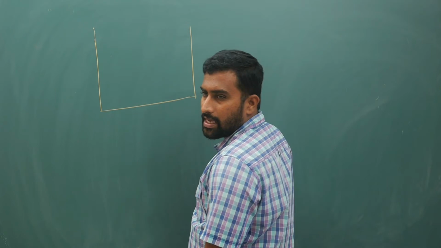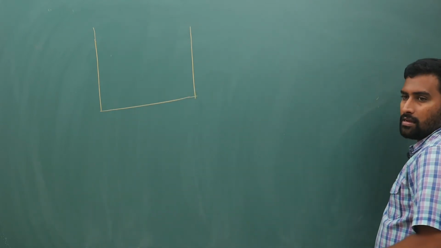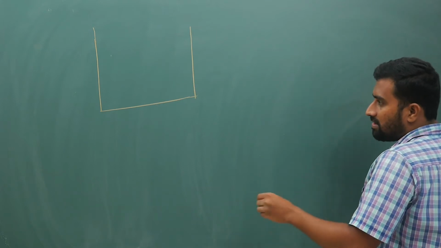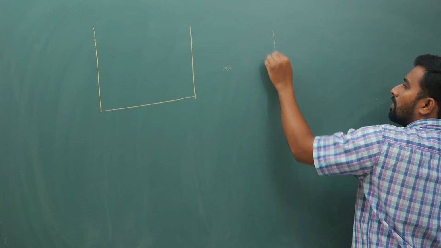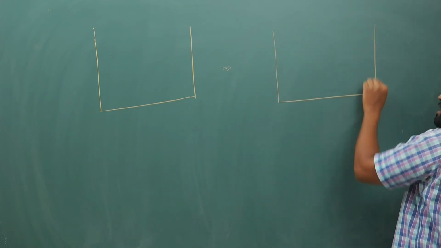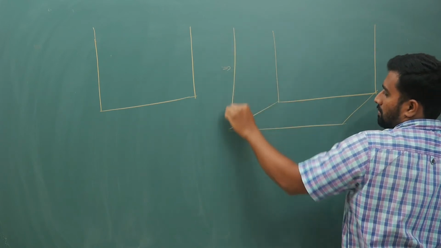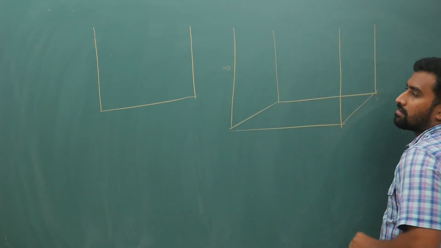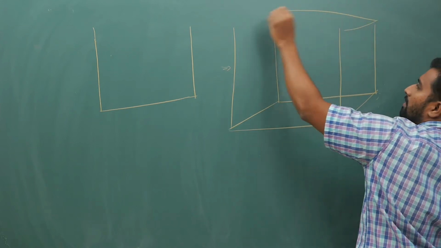Now let me take a container. Whenever you are taking this container in 3D, even though I am drawing this figure like this, you are supposed to imagine it in 3D. It could be open, it could be closed, that's a secondary thing.